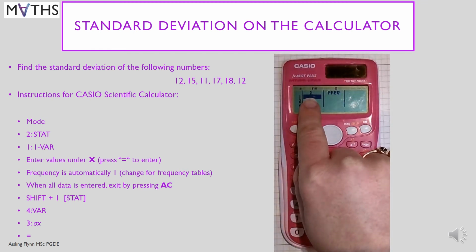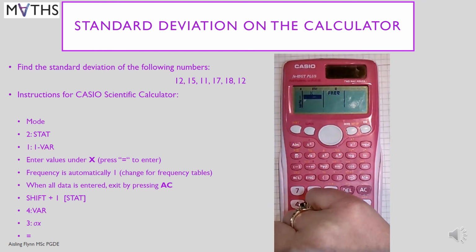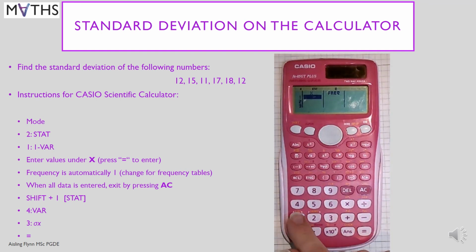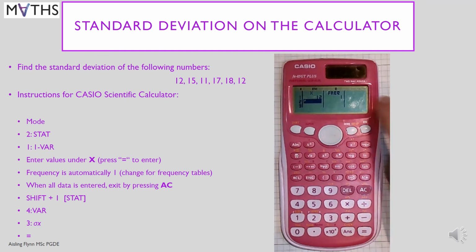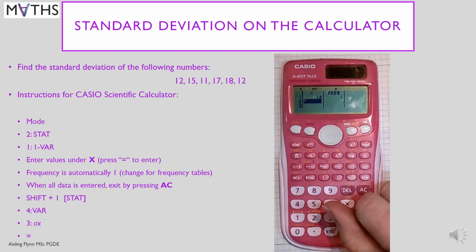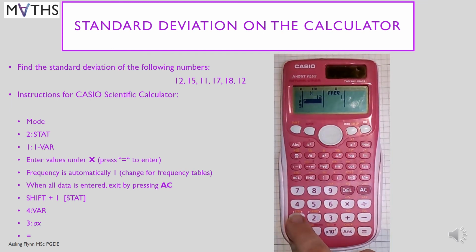So under X, we're going to enter our variables that we've to find the standard deviation for. So enter one by one. So 12, and press equals to enter, and you'll see that the calculator scrolls down. Just notice the frequency says 1. That's fine. We ignore that for now.